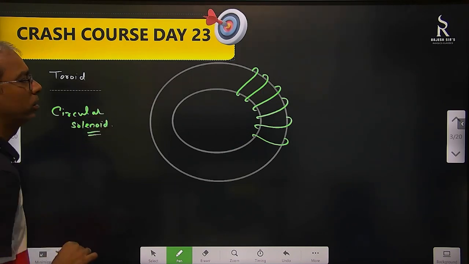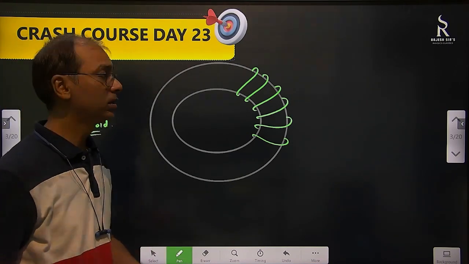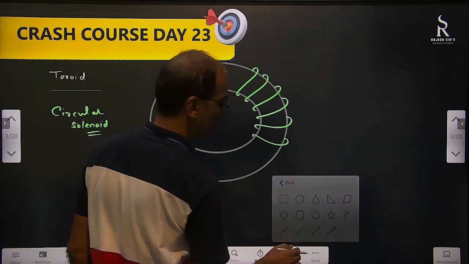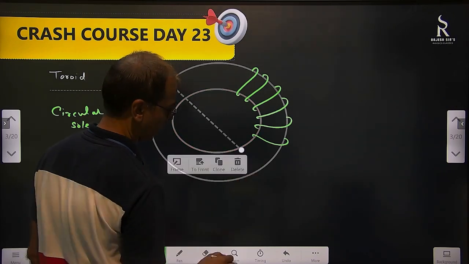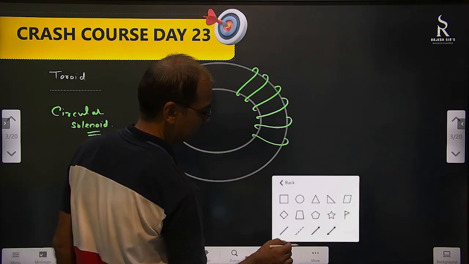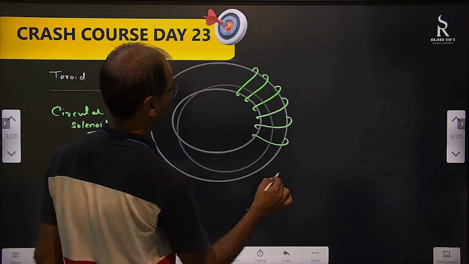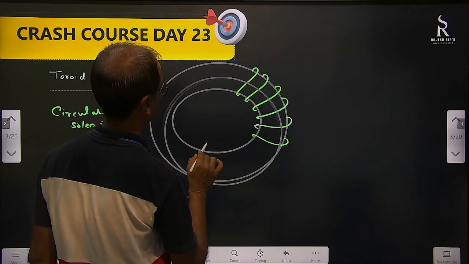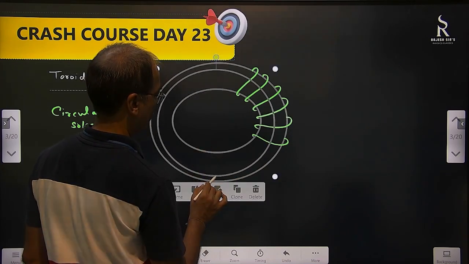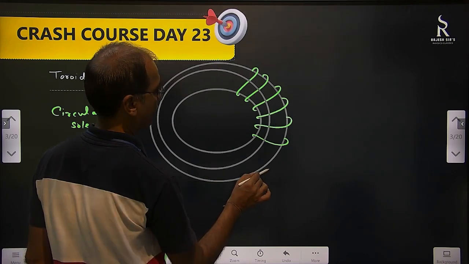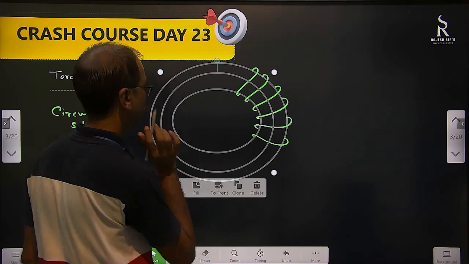We saw that the magnetic field of a solenoid is present along its axis. So where is its axis? Its axis is also here, in the middle of the toroid, like this.